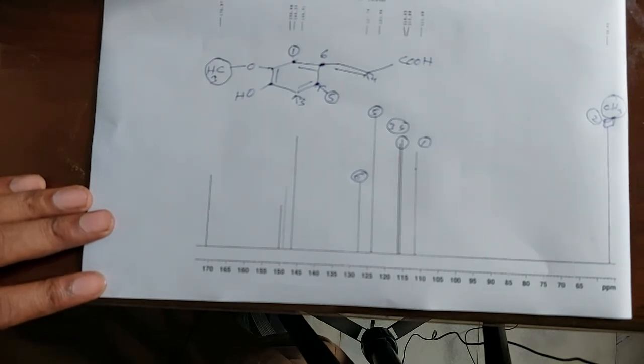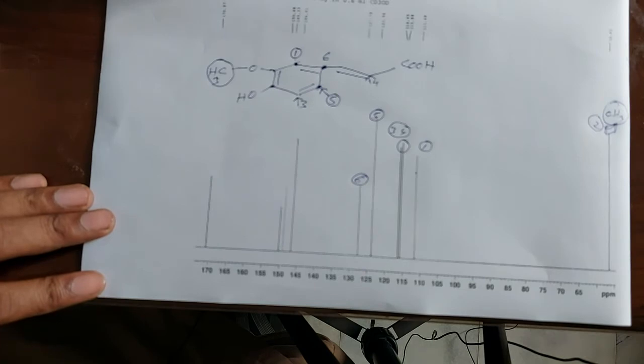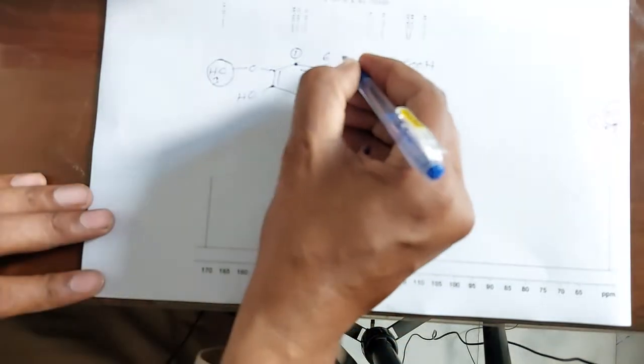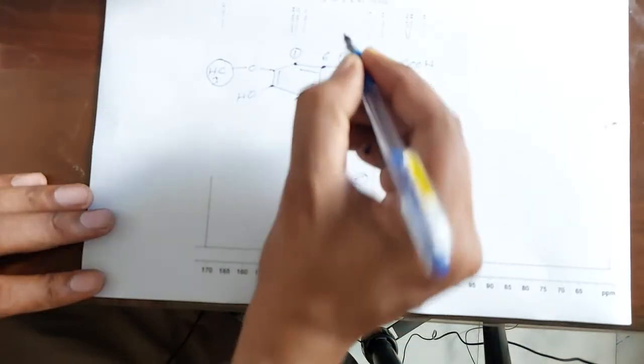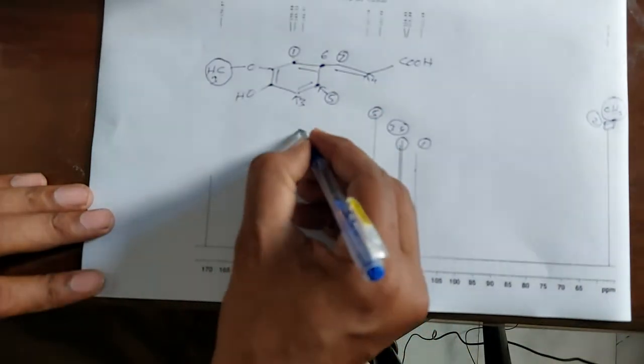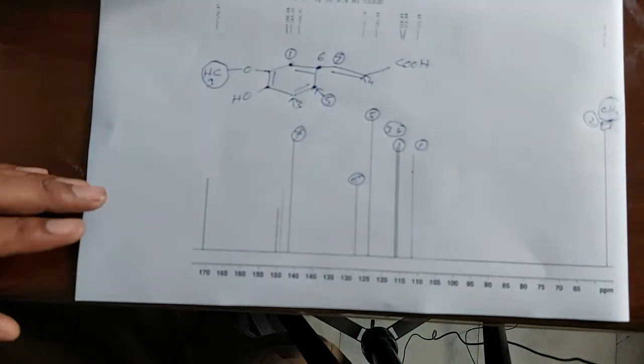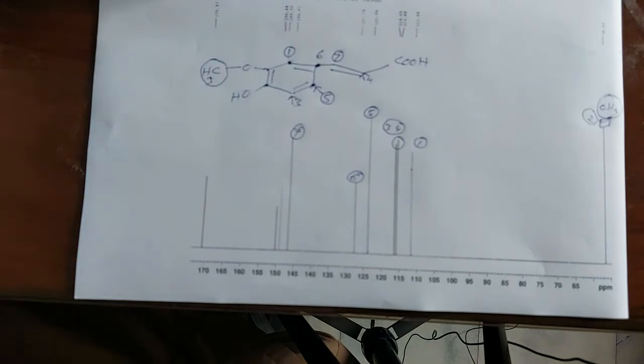Then we move to the next carbon, and this is 7, and peak number 7 will appear at this carbon.